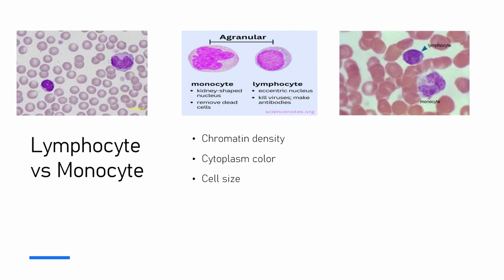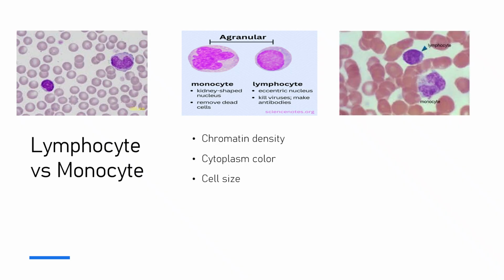Now let's compare two cells that students often mix up when they first start looking at blood smears, lymphocytes and monocytes. Both of these cells are part of the agranulocyte group, meaning they lack the obvious cytoplasmic granules seen in neutrophils, eosinophils, and basophils. But there are several key features that help distinguish them. First is cell size.